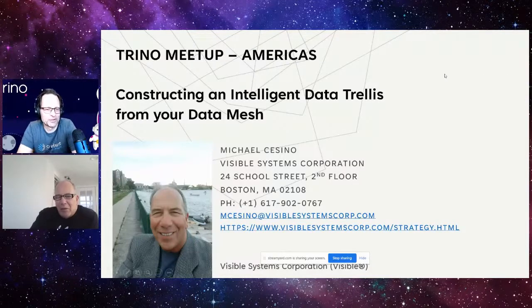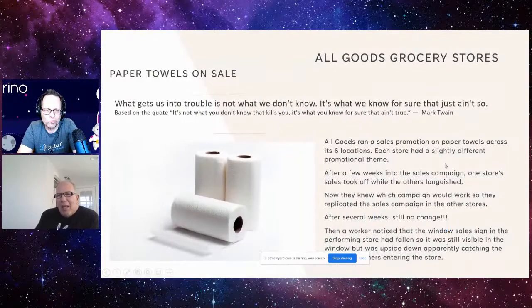Yeah, that's cool. So let's talk about this so-called data trellis. And before I do, I just want to talk a little bit about a story. There was a small grocery store with half a dozen locations, and they decided to run a sales campaign for each location with some variation in the campaigns.